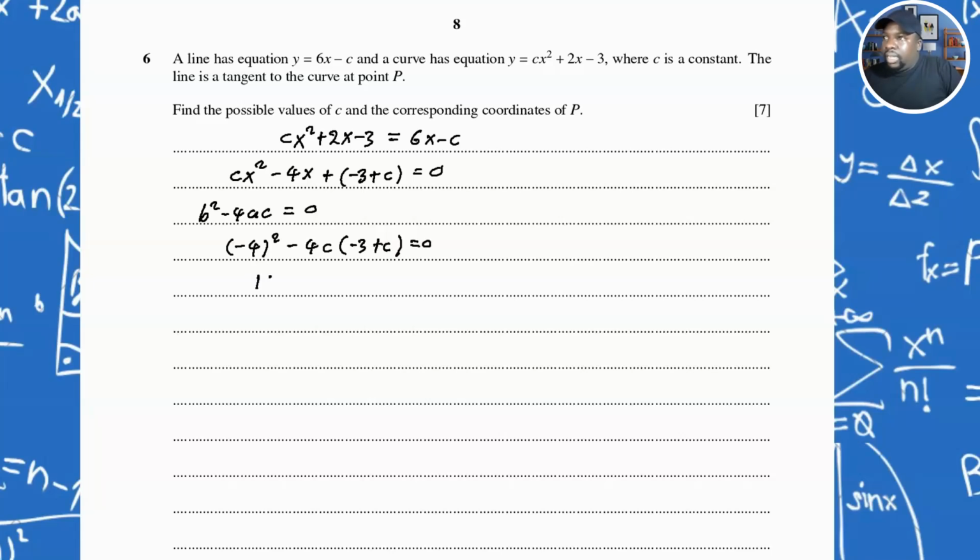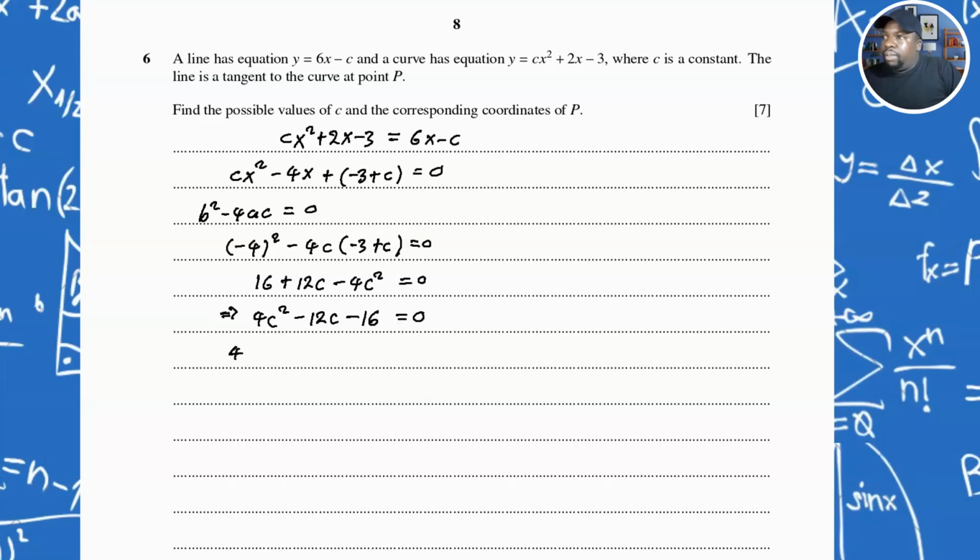So that's 16, and it's plus 12c, and it's minus 4c squared equal to 0, which can be rewritten 4c squared minus 12c, all right, plus 16 equal to 0. Like this. Actually, it's minus 16 because we're taking them to the other side. So it's minus 16 equal to 0.